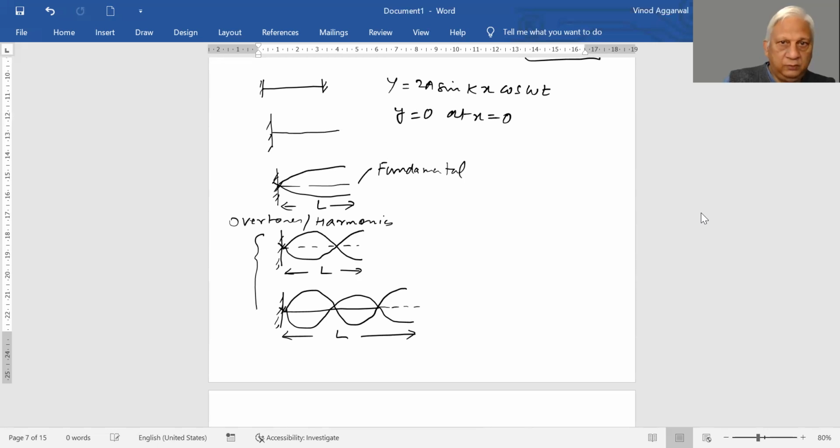Since they are clamped, they cannot move, so y has to be 0. And second, y is maximum at the free end, at x is equal to L. At this condition, what we get is a node where y is 0, and where y is max, we get an antinode.